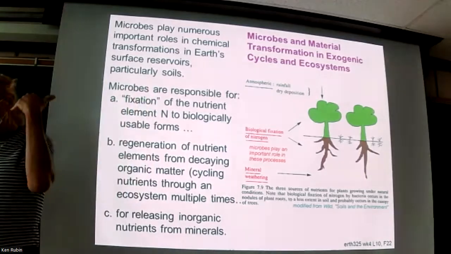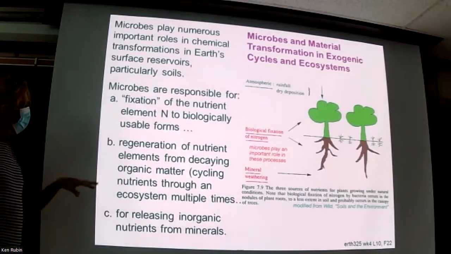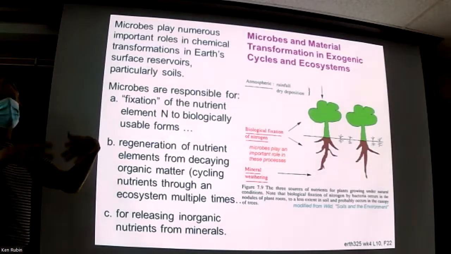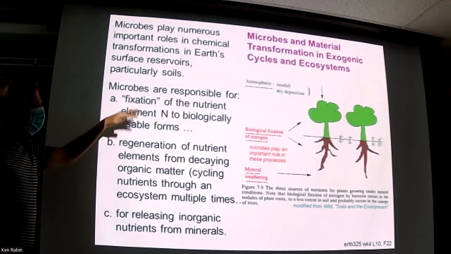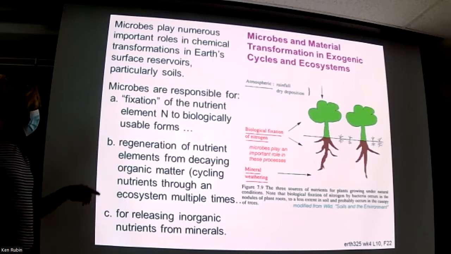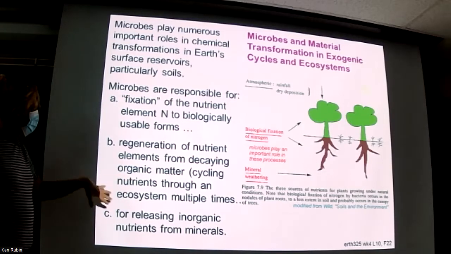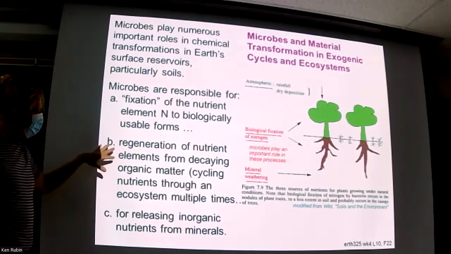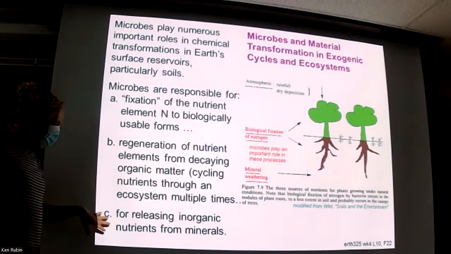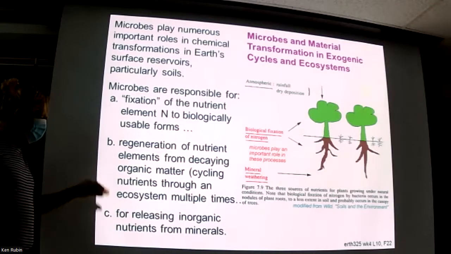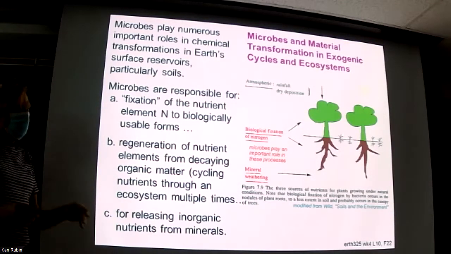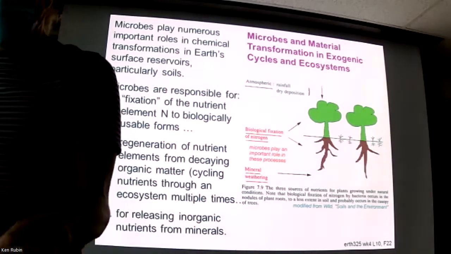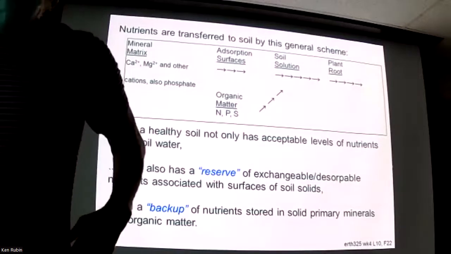That means make chemically reactive in a biological sense nitrogen from the atmosphere, which isn't biologically active, to one of the forms it is. And that's summarized on another slide. There's also this idea of regenerating decaying organic matter. And as we talked about last time, microorganisms can also play a significant role in the breakdown of inorganic materials in the soil, and that liberates new elements as well.